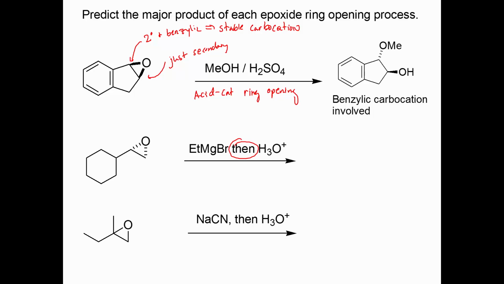All right, so the important thing here to note is that the acid is coming along later. Of course, you could not have ethyl Grignard in the presence of H3O+. All you would do is make ethane from the direct reaction of ethyl Grignard with the acid. We're not adding the acid until after the epoxide ring opening has occurred. All right, so this is a nucleophilic epoxide ring opening.